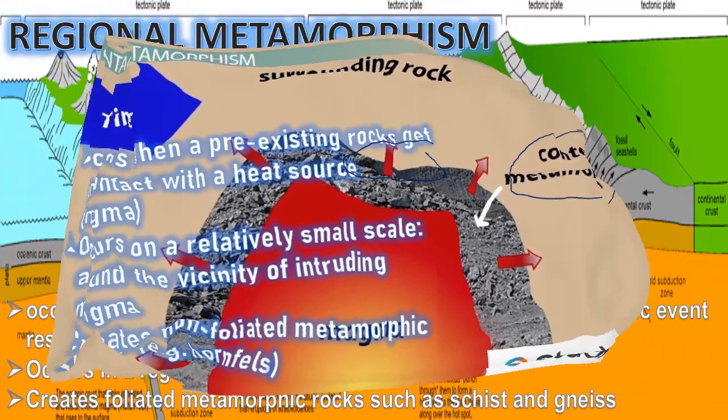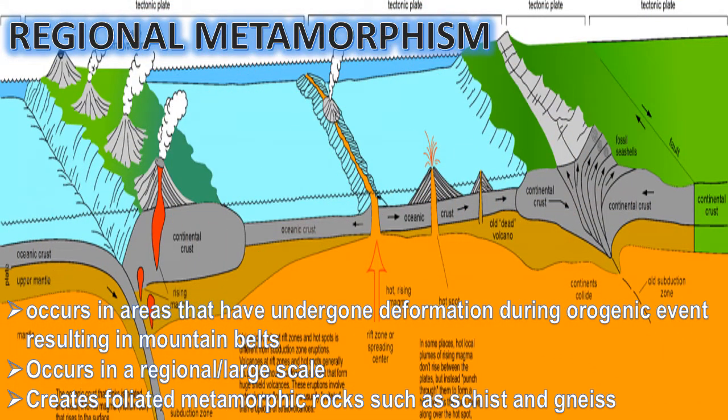We have also regional metamorphism. So when we say regional metamorphism, it occurs in areas that have undergone deformation during geologic processes, or when we say orogenic, these are geologic events. What are those?